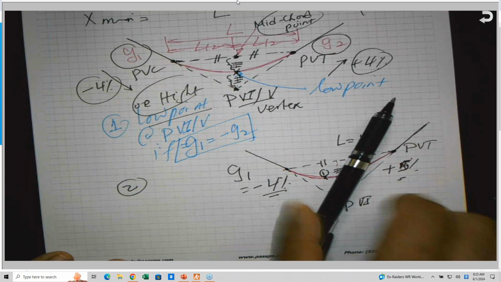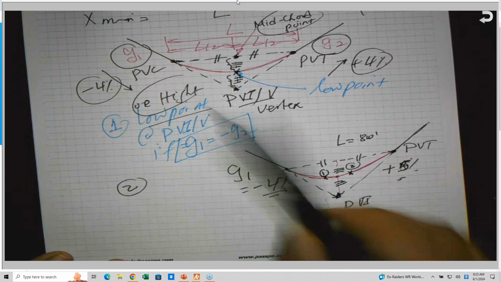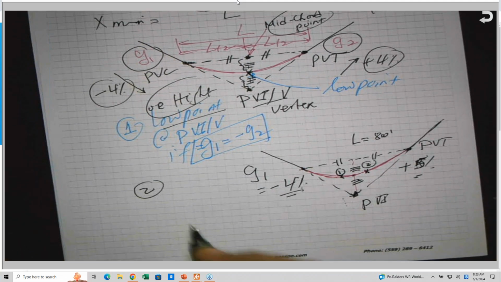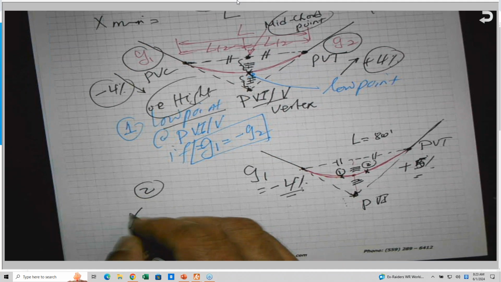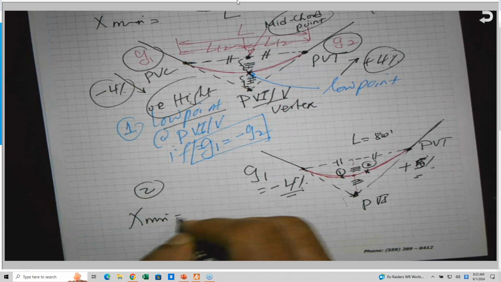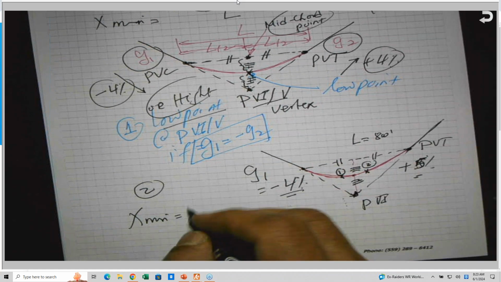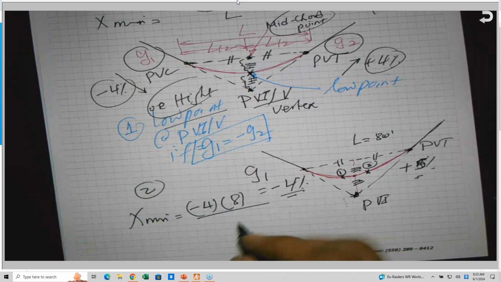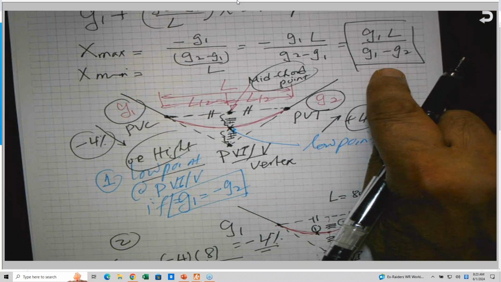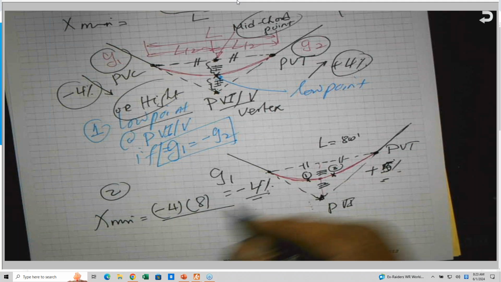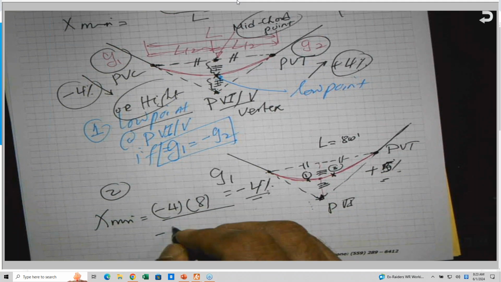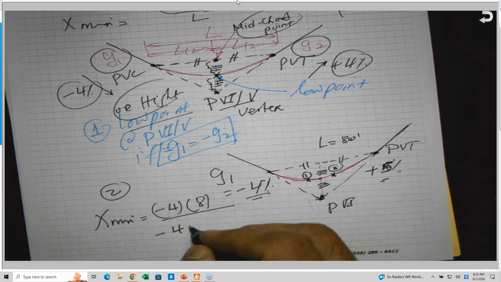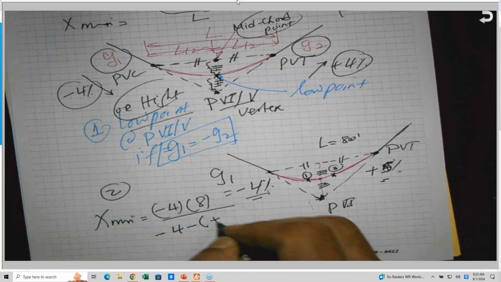Okay, we can look at this very quick, which is x min equal to G1 is -4 and the L is 8 divided by, I'm using this equation, we just did it. G1 is -4 and G2 is +5.